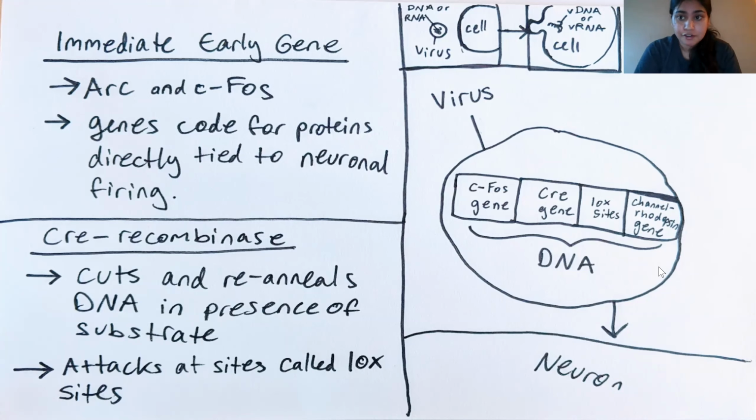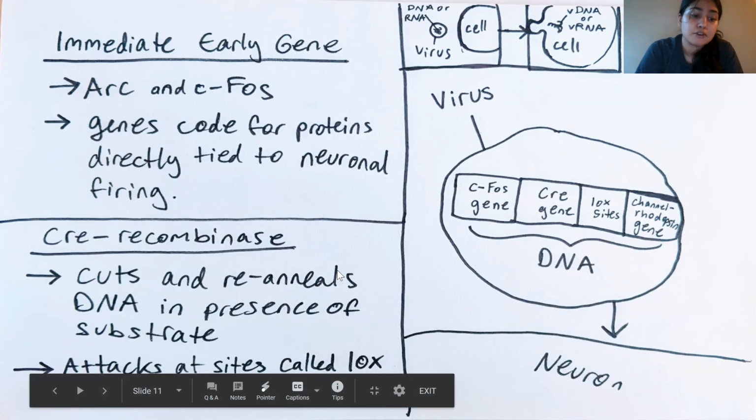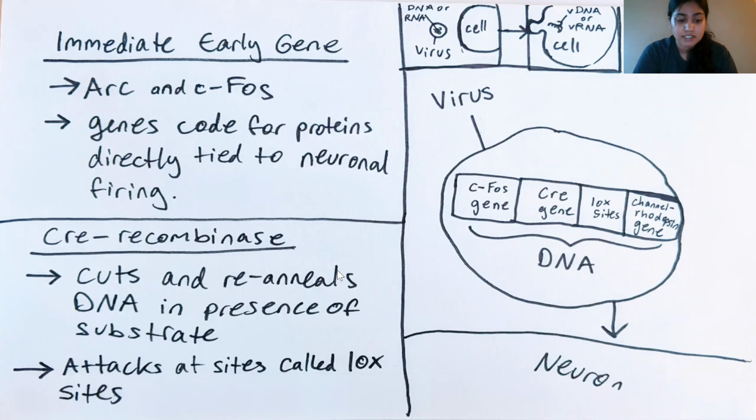So Cre-recombinase. If the enzyme Cre-recombinase is in the presence of the substrate that activates it, then it has the ability to actually cut out portions of DNA and reattach the strands together without the cut out portions.